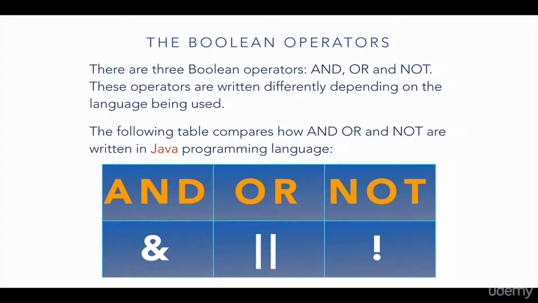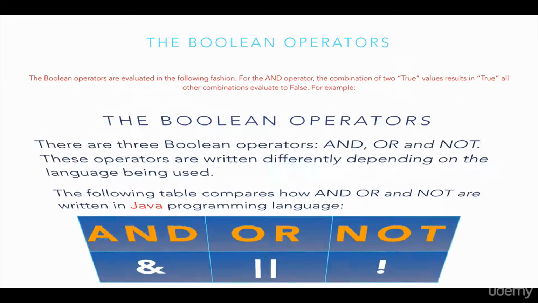In order to create this sign, we just need to press Shift plus the backslash on your keyboard 2 times, okay? And for the NOT operator, we just need to press Shift plus the number 1, okay? And in programming, this is called a bang sign, okay? So let's see what's next.